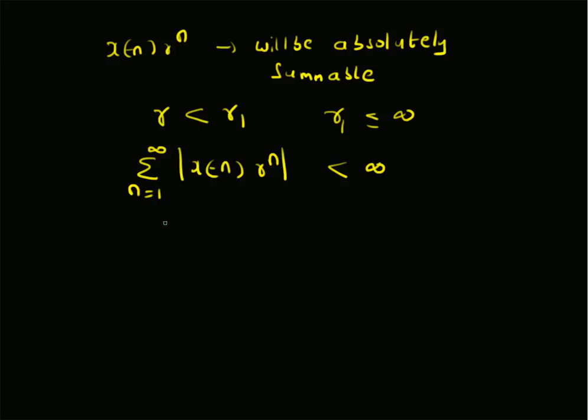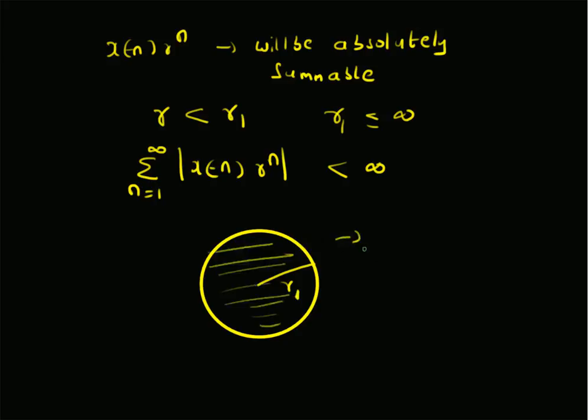So the region of convergence will be basically a region inside the circle of radius r1. So this is the ROC, the circle of radius r1. So that is the ROC for sum number 1.